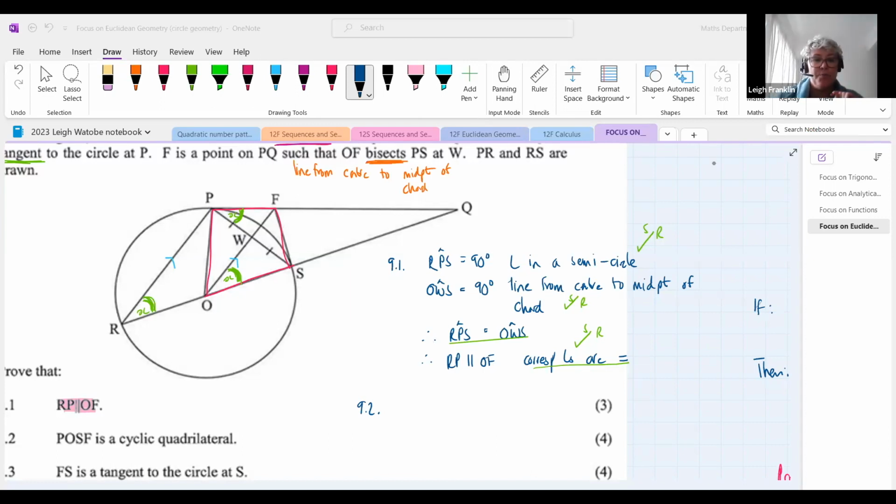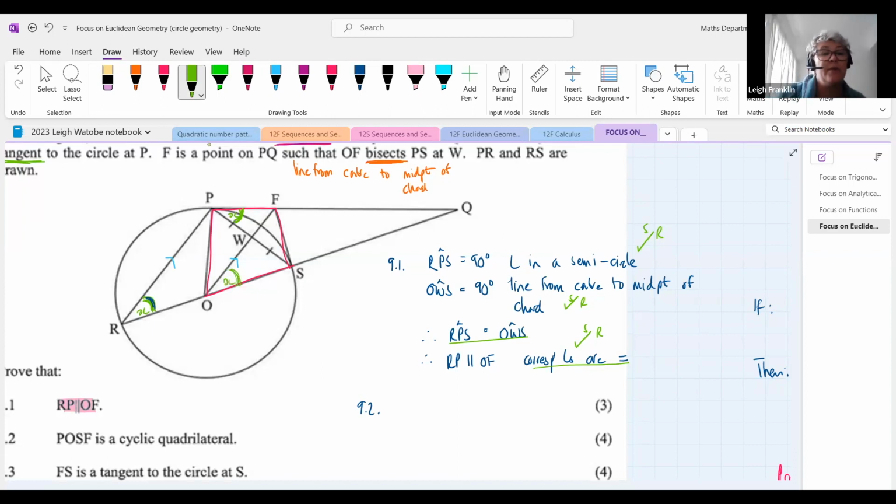The green angle at P is equal to the green angle at R because of the tan chord theorem. The angle at R now equals this green angle over here at O, because the lines are parallel. These are corresponding angles. Sorry, I don't know why it keeps taking that away.